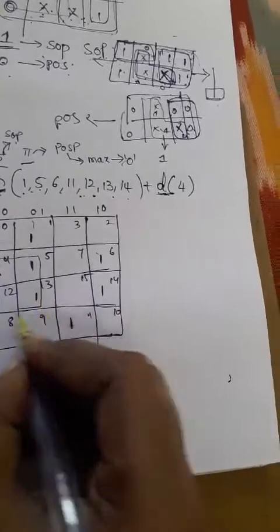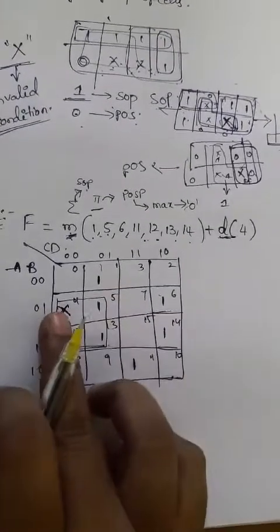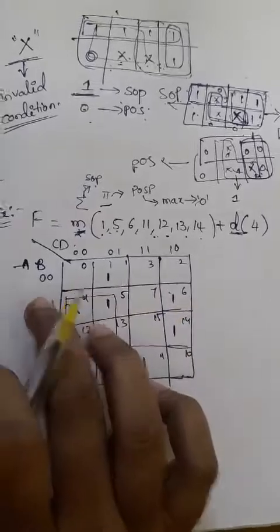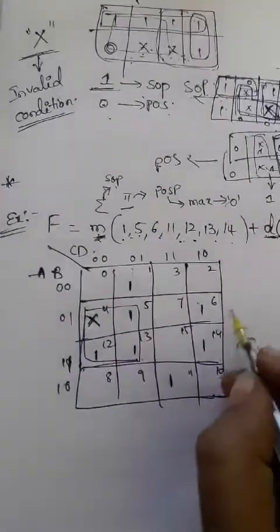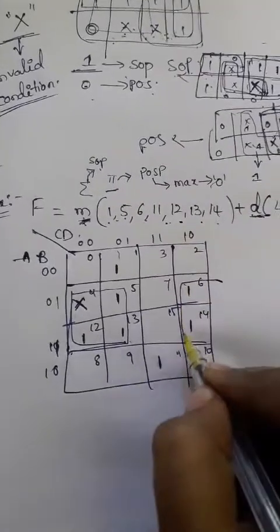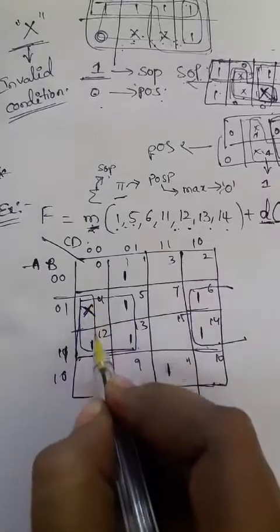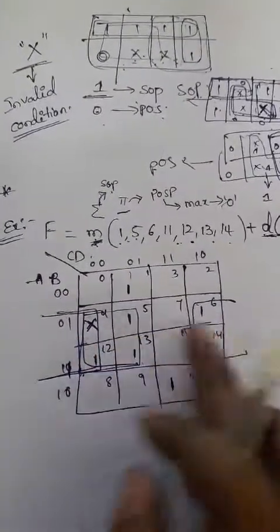So like this, we have three possibilities for SOP, and one more with the don't care condition, which gives one expression when grouped. This is one possibility. Just check here: we have two 1s here and two 1s here, that means the opposite faces.